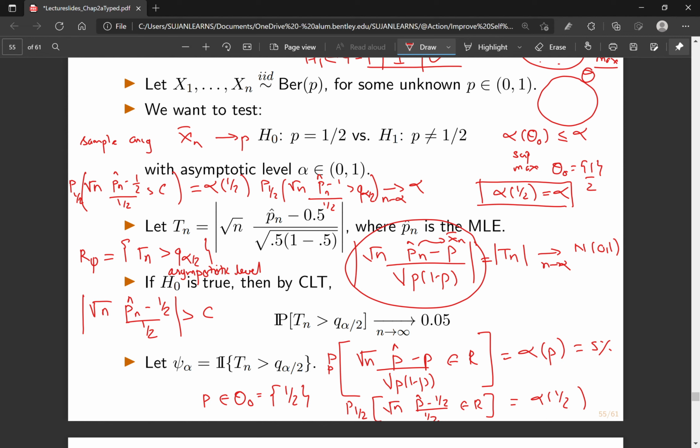Let me quickly summarize what we discussed today. We started with a quick review of type 1 and type 2 error. Then we talked about type 1 error in a little more detail and why it is the supremum of the error under the null. Secondly, we dug deeper into the Bernoulli distribution and defined the test statistic for it.